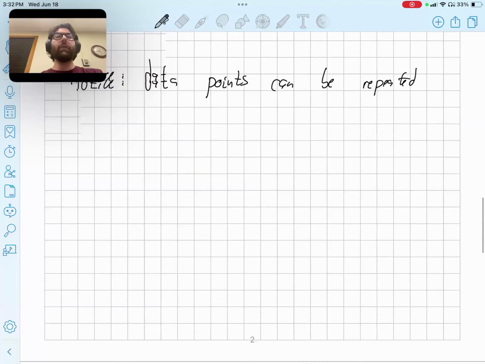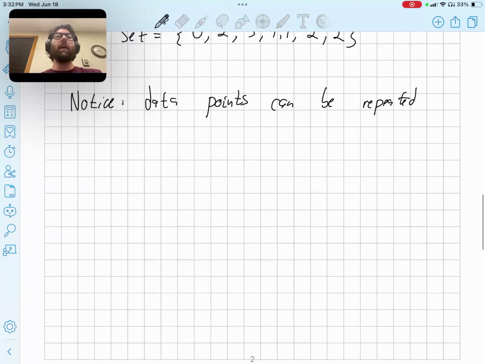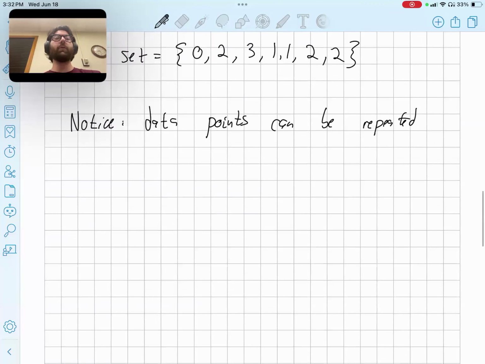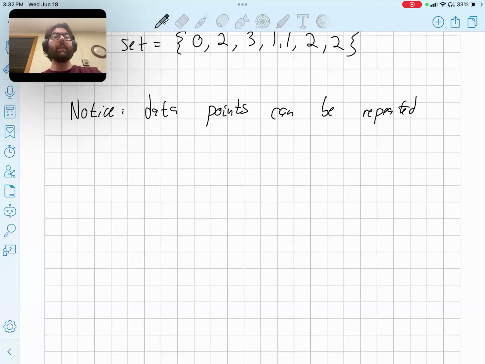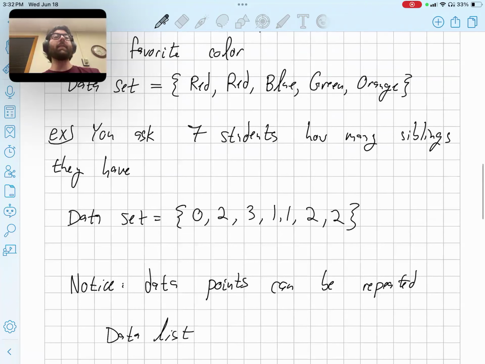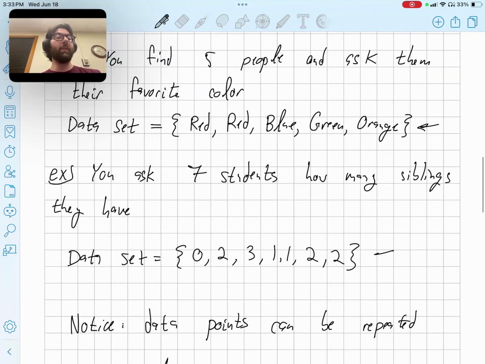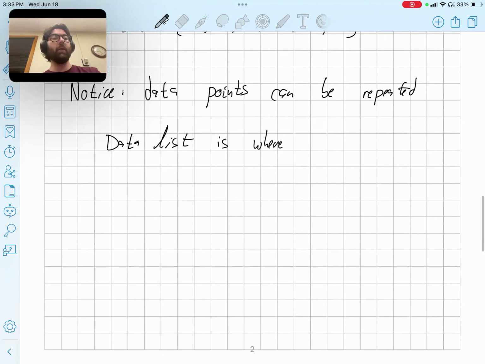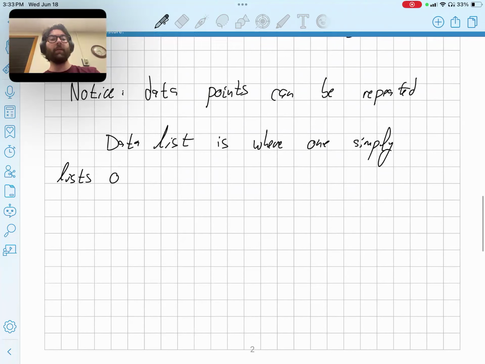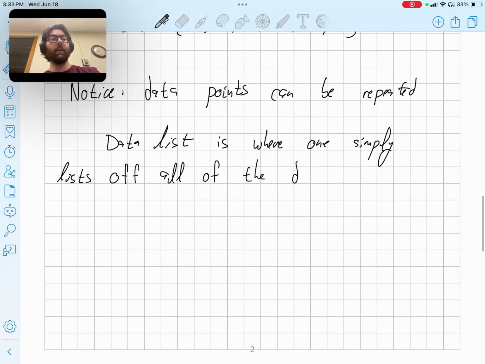Okay, and so there's a couple different ways that we're going to talk about on how to present the data. And the one we'll talk about in this video is the simplest one, which is just a data list. And this is exactly what I've been doing. This is a data list, this is a data list. And so a data list is where one simply lists off all of the data values.